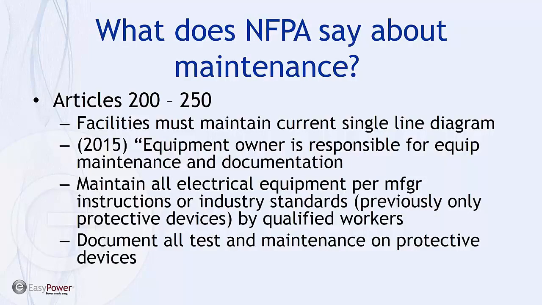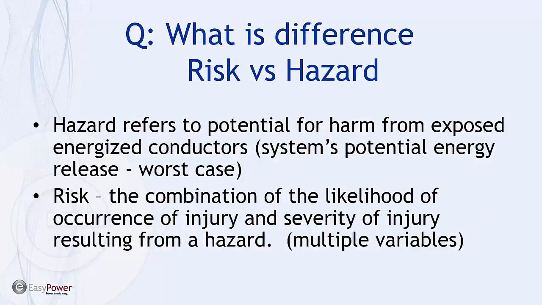Previously, this requirement was only for protective devices. And again, this maintenance must be performed by qualified workers. And then document and test all maintenance on protective devices to an even further degree in terms of the protective devices themselves.